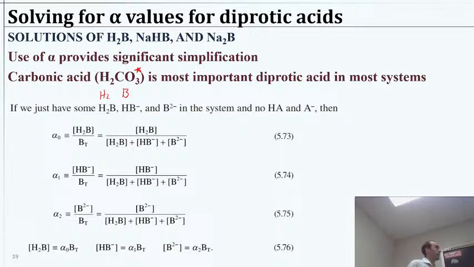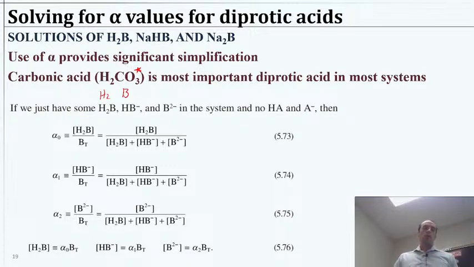That's by definition. We're not going to be dealing with HA and A minus this time, because that's a monoprotic system. That's just the way we've labeled that. And so B then is our diprotic acid.